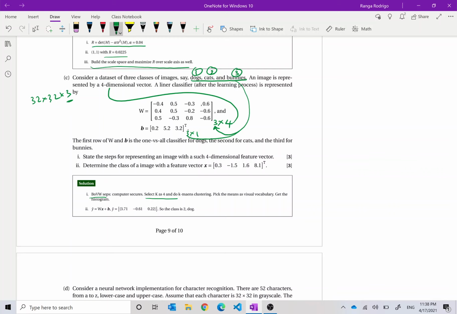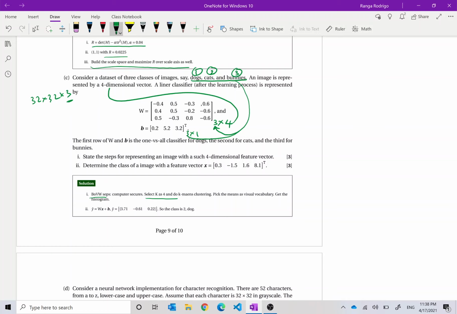We do K-means clustering and pick the means, and that is the visual vocabulary. Then get the histogram. So this bag of visual words process has to be described in this case. If you do not understand this part, please read about the bag of visual words steps.